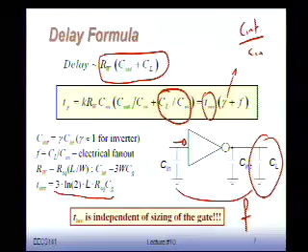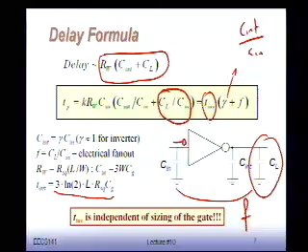And the beauty of it is that it's approximately equal to 1. If I look at most of the inverters I'm playing around with, and you compute the diffusion cap, and you compute the gate cap, you see it's close to 1. It might be 1.2, 1.3, whatever. But it's close to 1 for most technologies. Okay? So, bottom line is now I have a very simple equation of my propagation delay of a gate.